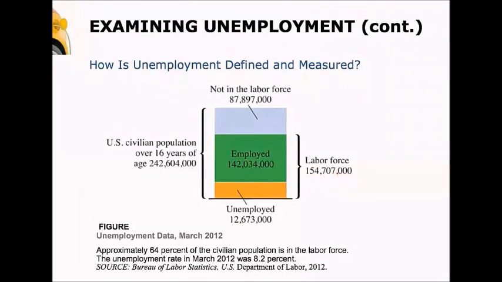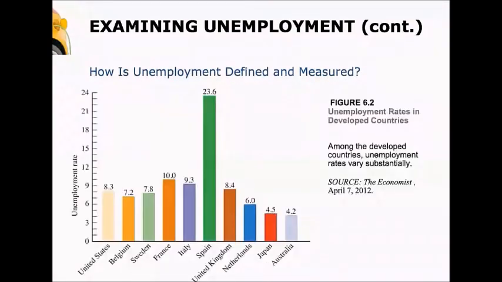That added up to 154.7 million people. So we can calculate the unemployment rate, which would be the number of unemployed divided by the labor force, which gets us an unemployment rate in March of 2012 of 8.2%. If you look for the labor force participation rate, it's the labor force divided by the civilian population, and that would be about 64%.